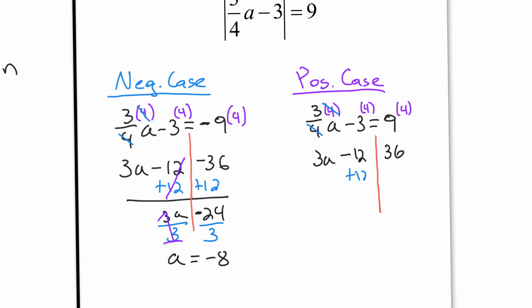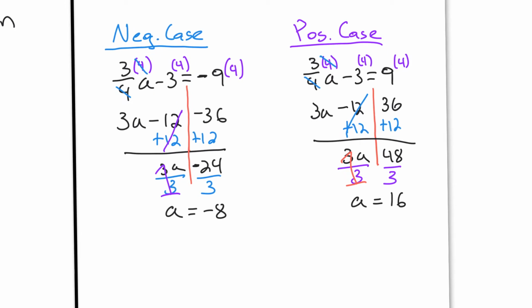You guys add 12 to both sides, and we know this cancels. Bring down the 3a, and we get 48 on the other side. You guys divide by 3, so we know this turns into positive 1. A equals 16. So my solution sets, we have two answers. One of them is -8, that's the smallest one, and the next one is positive 16.